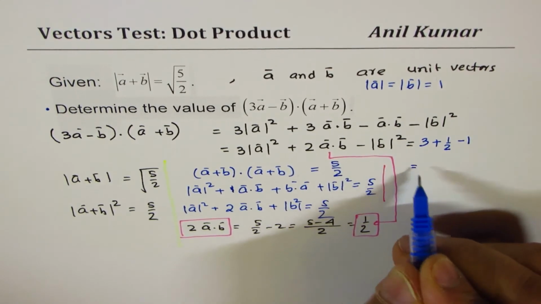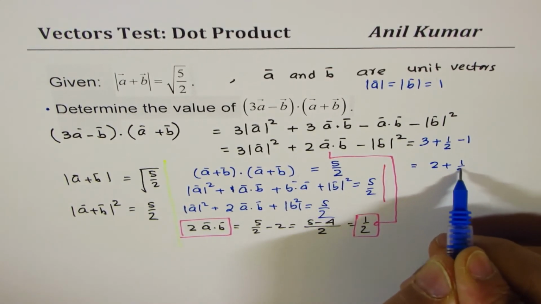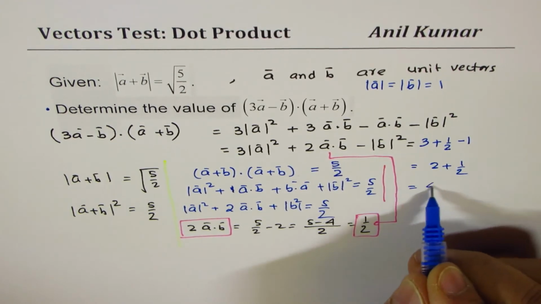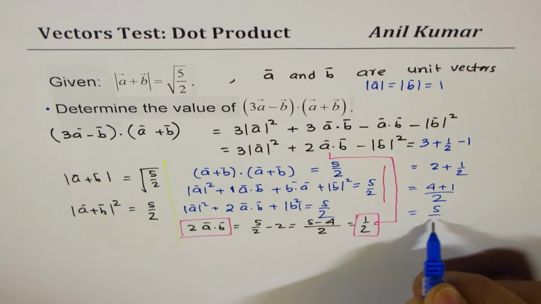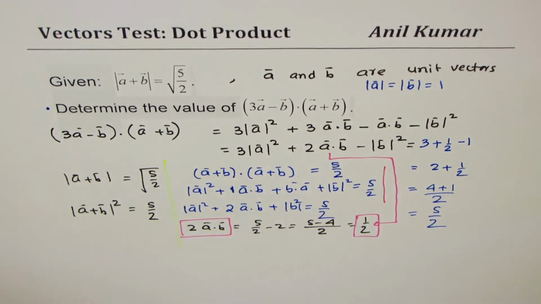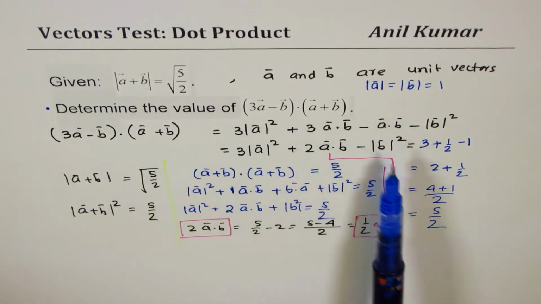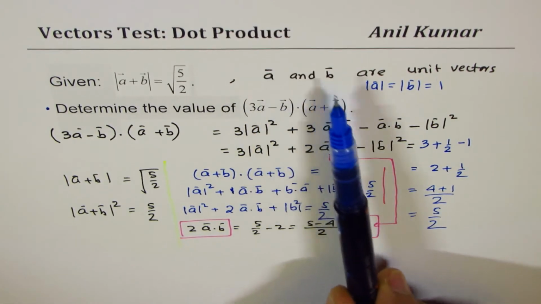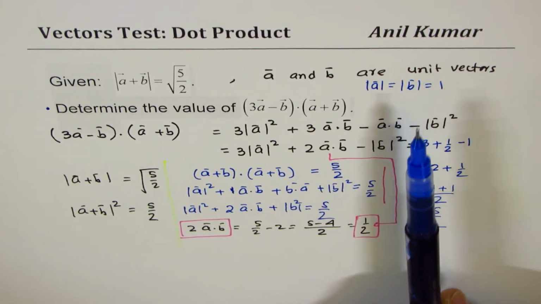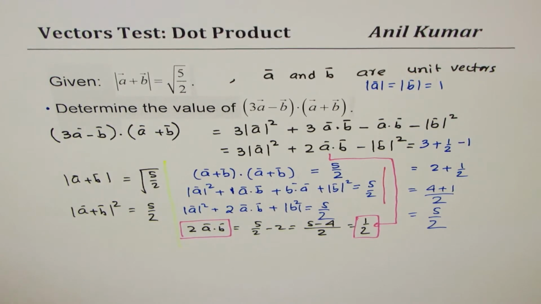That is what we get, which is 2 plus half, which is 4 plus 1 over 2, or just 5 over 2. Does it make sense to you? So we could actually figure this out without finding the angle, and this is a simple process. I was trying to explain it to you, so it took longer. But anyway, for any vectors A and B, we could do this, right?